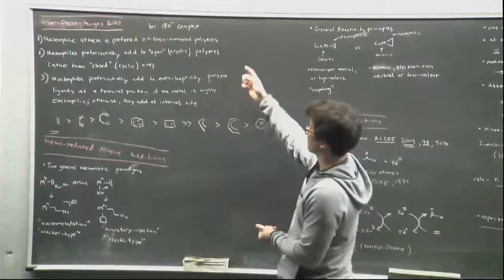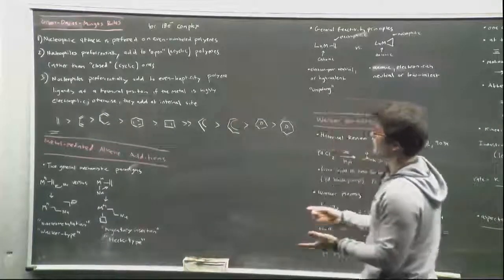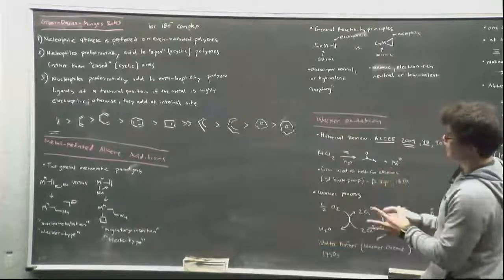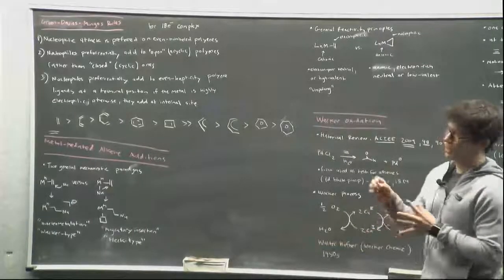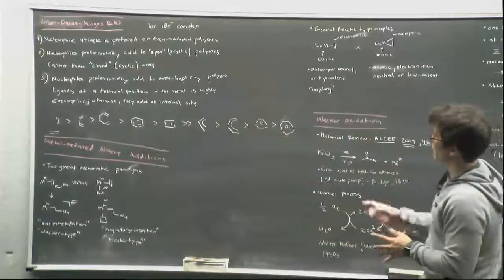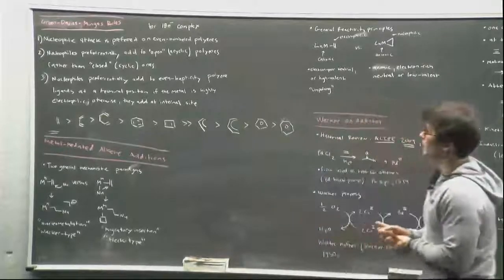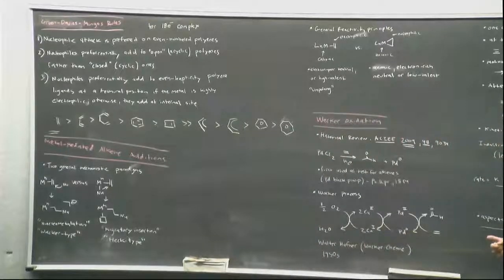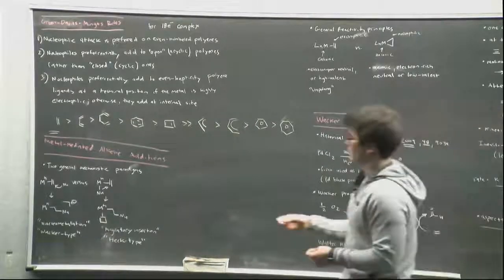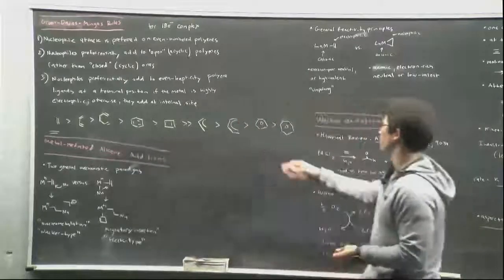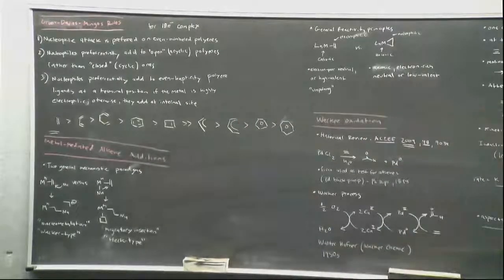So the first two rules help you think about relative reactivity of different groups that might be coordinated to an 18-electron complex specifically. And then the third rule helps you have a general framework for thinking about site selectivity. And so combined, these rules manifest in this general order of reactivity.